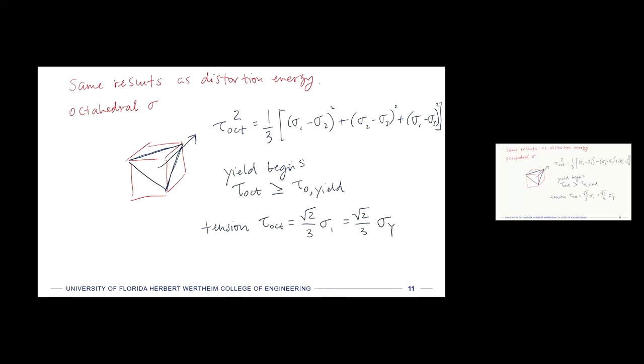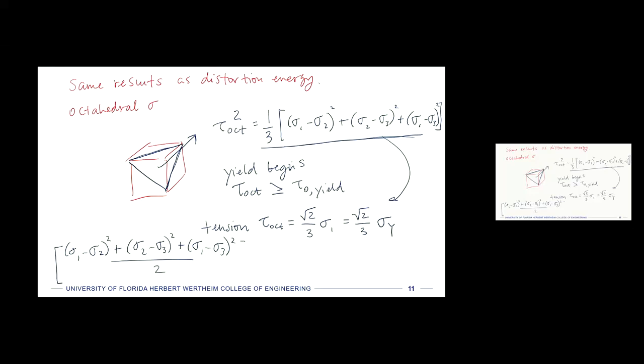Okay, and so this would predict yielding when the full expression, right, up on the top exceeds this one. And if we simplify the 3's out, then we come up with a factor of 2 in there, which is the same as the distortion energy theory. So I'll write that equation here, difference of stresses divided by 2, right, greater than or equal to yield stress.